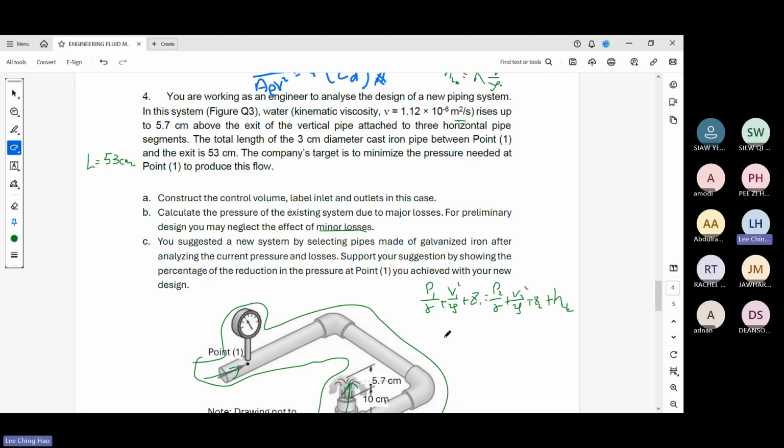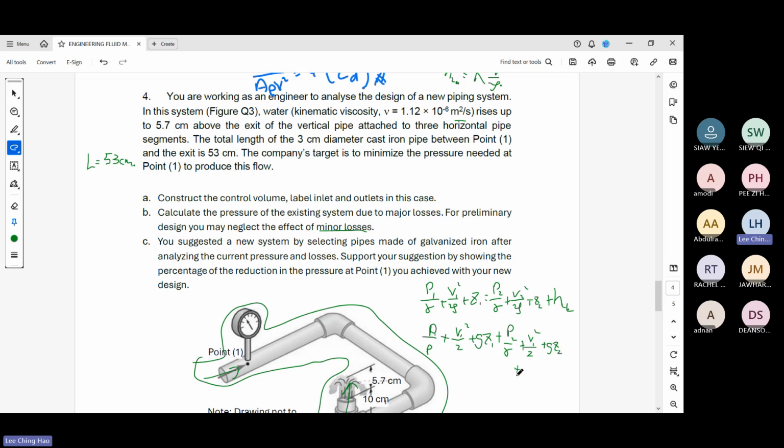But if you use the second or third one, for example, this one with V square over 2 plus g times height, at points 1 and 2, or P over gamma plus V1 square over 2g plus height 2.